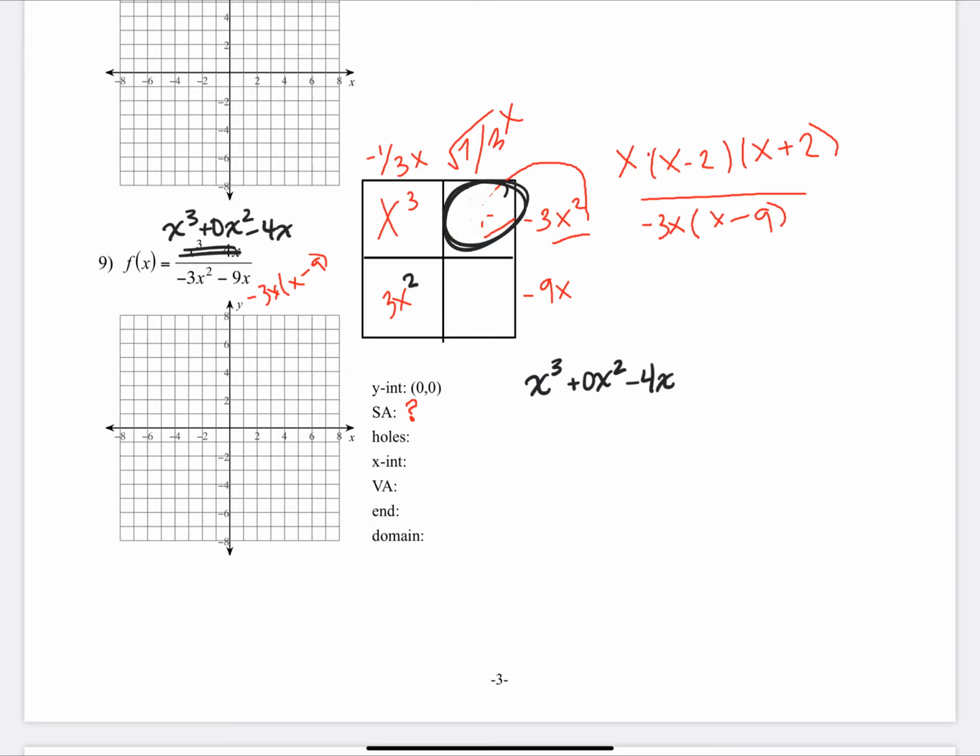I'm just going to write over it in white. In that box, we'd actually have negative 3x squared, so that we get 0x squared. And then that'll change this as well. See if that helps you figure out that missing piece of your equation.